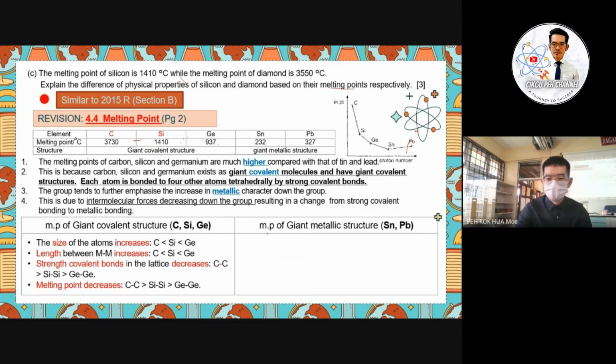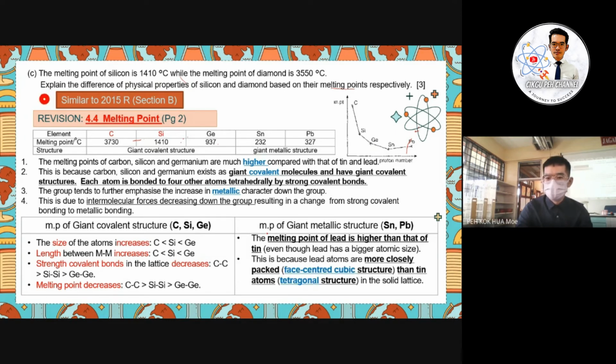If you discuss the giant metallic structure, the melting point of lead is higher. According to theory, we would assume that lead should have the lowest melting point. But here, the structures of tin and lead are different. Lead has a closer packed structure, which is body-centred cubic, and tin is in a tetragonal structure, where the atom to atom distance is further apart.